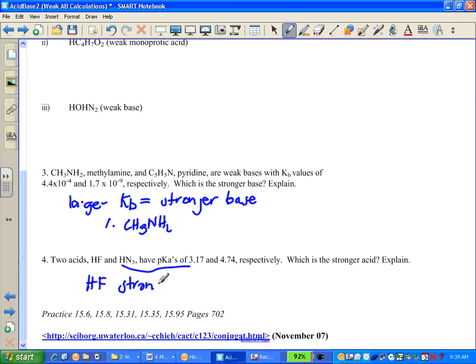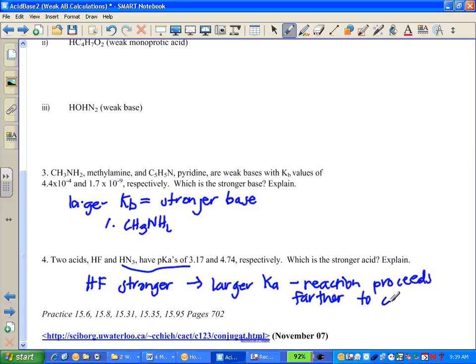Okay, and the argument for that, the explain, is because it has a larger Ka value and the reaction proceeds farther to completion.